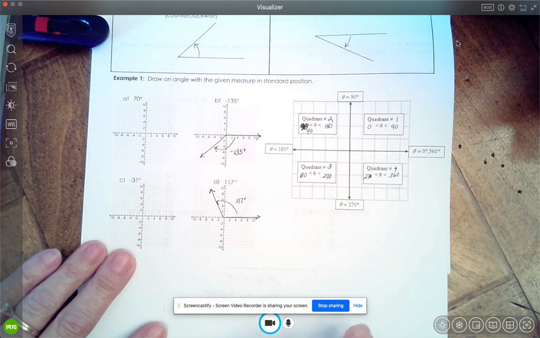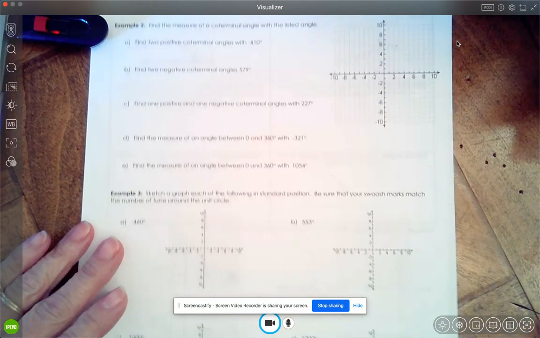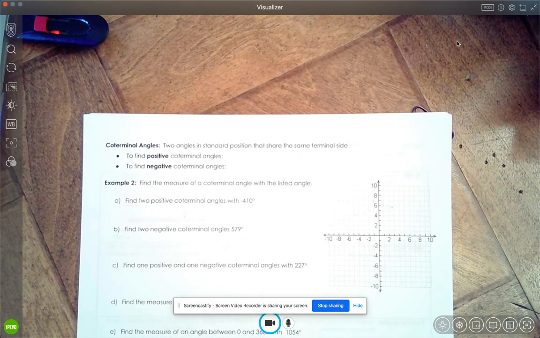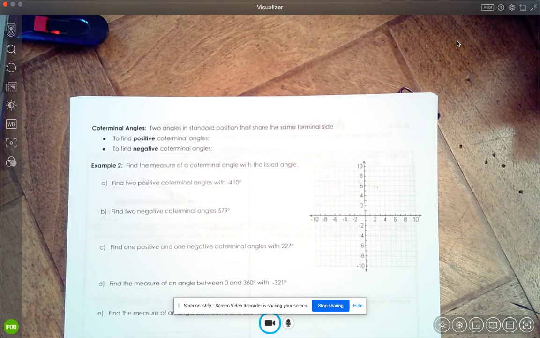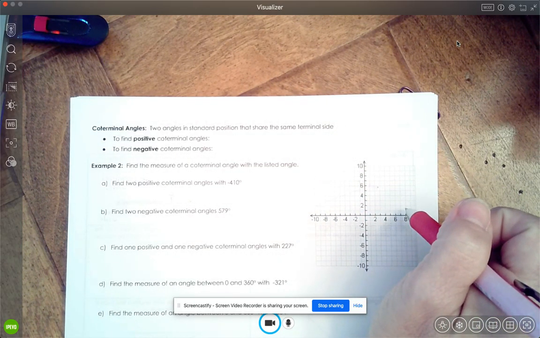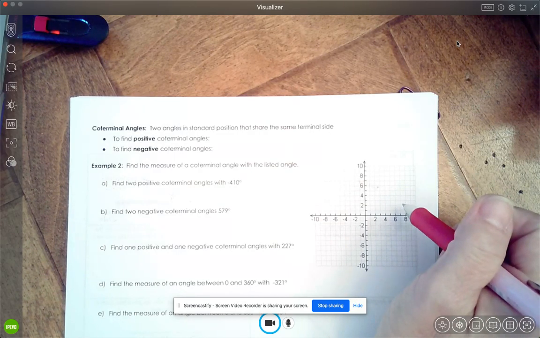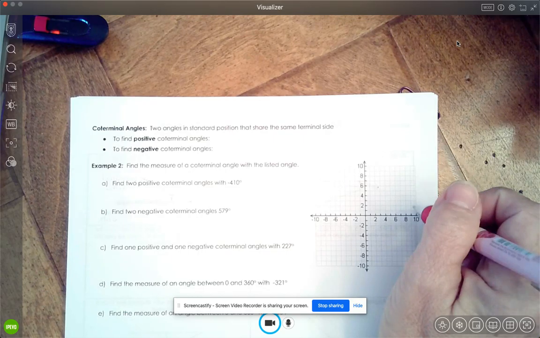All right? So we're going to review some things on the back, and that is going to be coterminal angles. Two angles can be in the exact same position if they share the same terminal side. In this whole coordinate plane, we have 360 degrees.